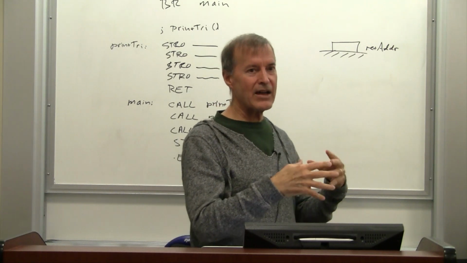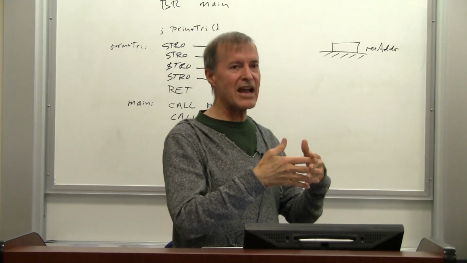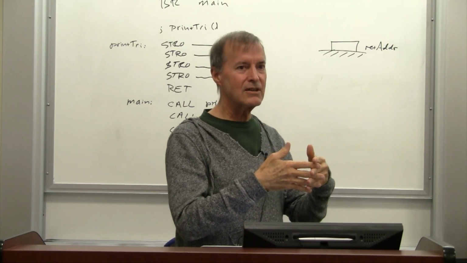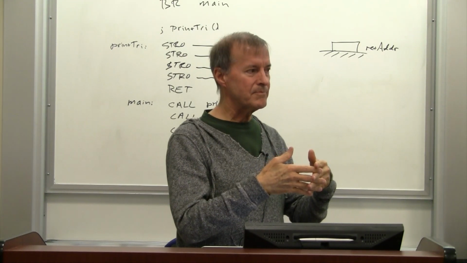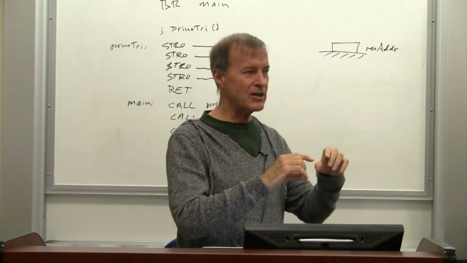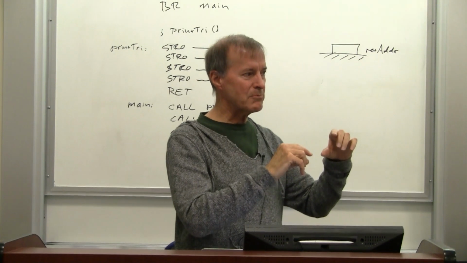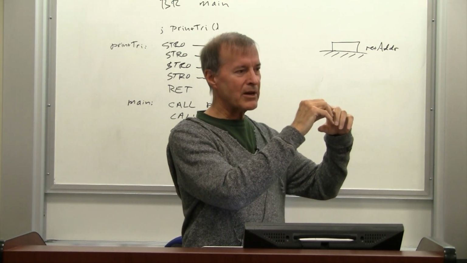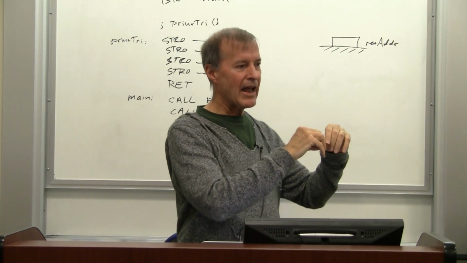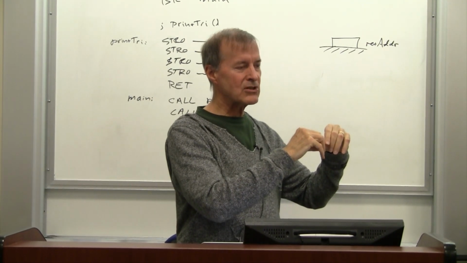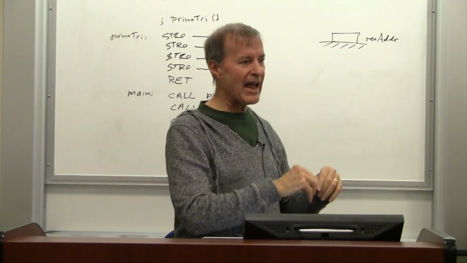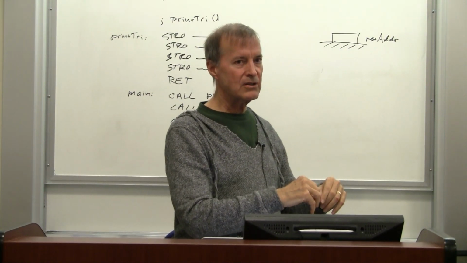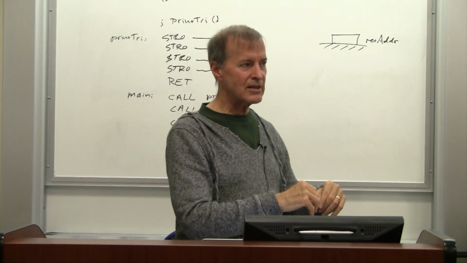This is how those runtime stacks, those stack frames, get constructed during execution. It's by having this code in these different places: some before the call, some before the execution of the body of the function, some after the execution of the body of the function, and some after the execution of the call. Now, do you see how that works?